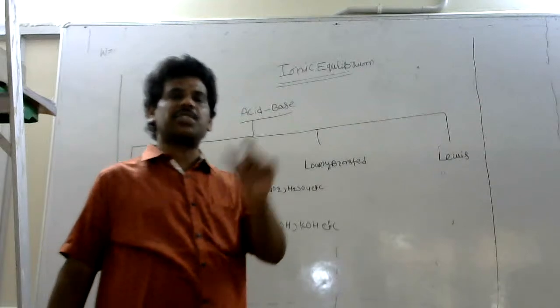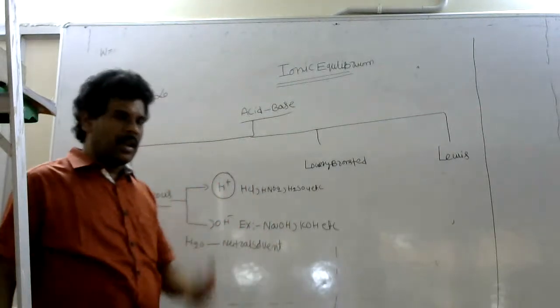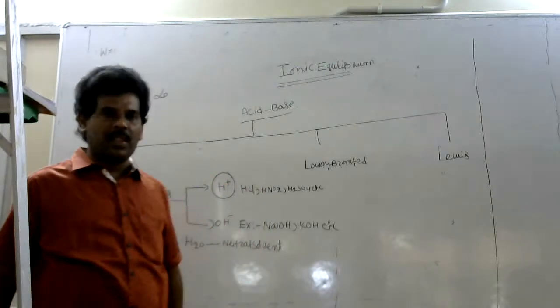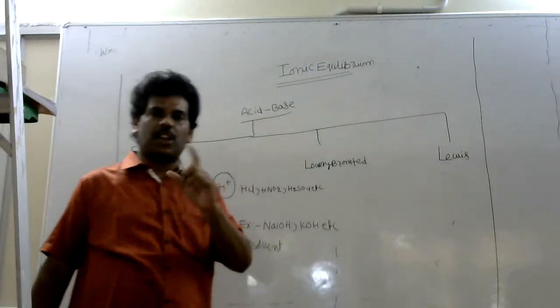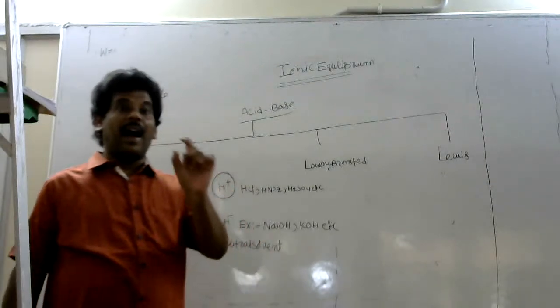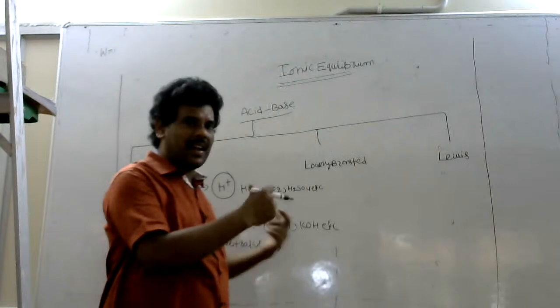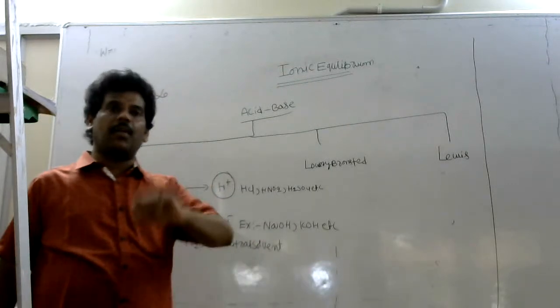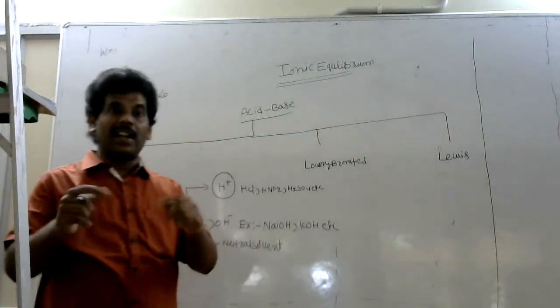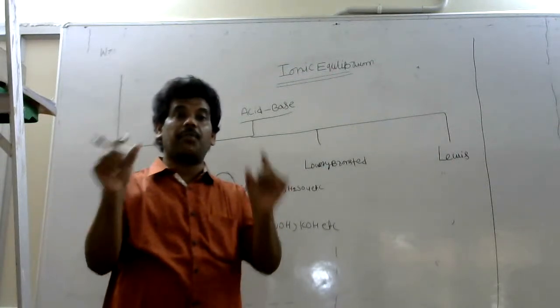What is the meaning of strength of acid and base? Whether the given acids are strong or weak, and the given bases are strong or weak, depends upon the alpha value. Here alpha is the degree of dissociation of electrolytes. What is the meaning of degree of dissociation?